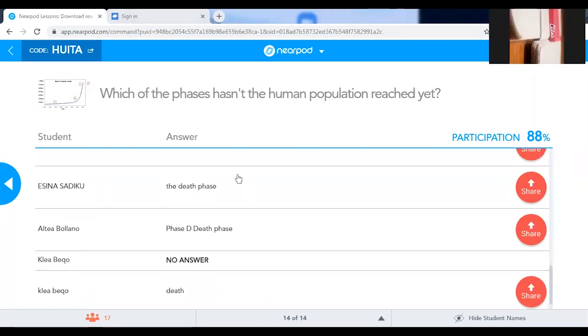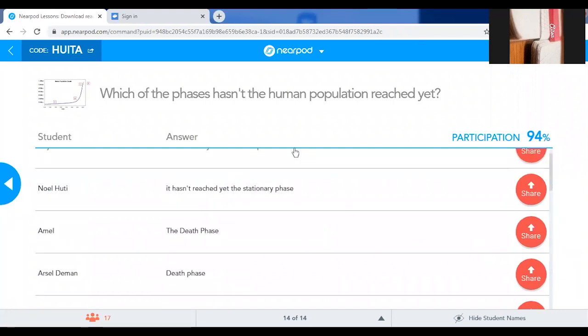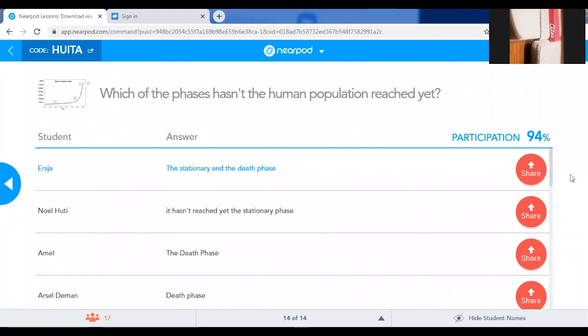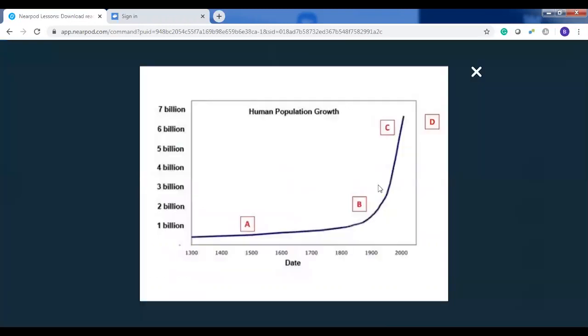So we have here the death phase. The human population hasn't reached the death phase. Some of you wrote the stationary phase, and the correct answer is what I have here. Ersia said the stationary and the death phase. In the human population graph, AB represents the lag phase and the exponential phase.